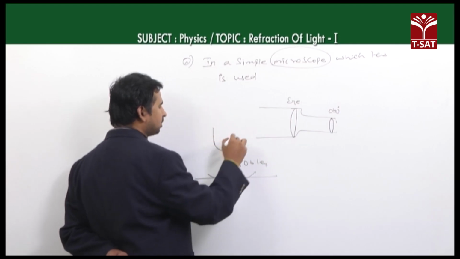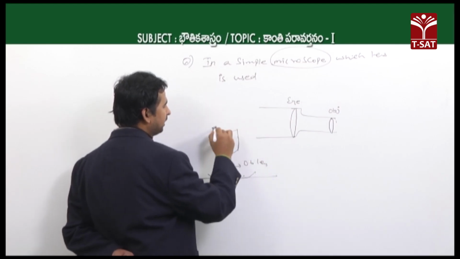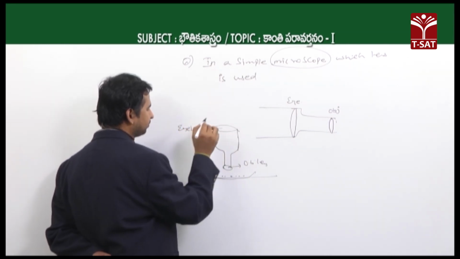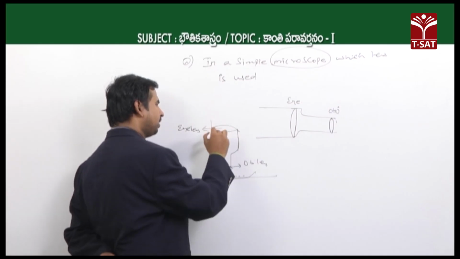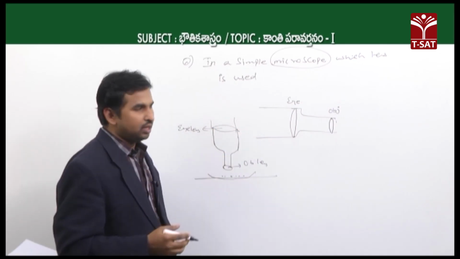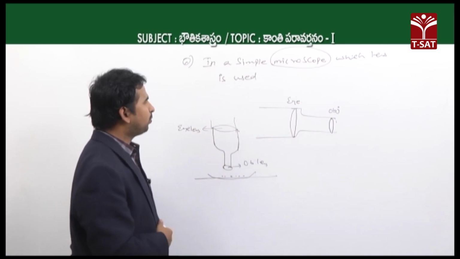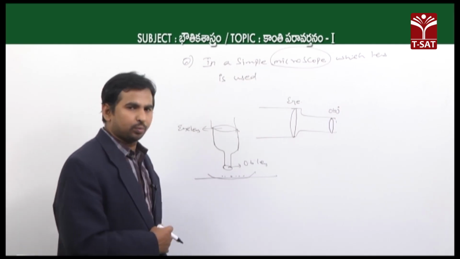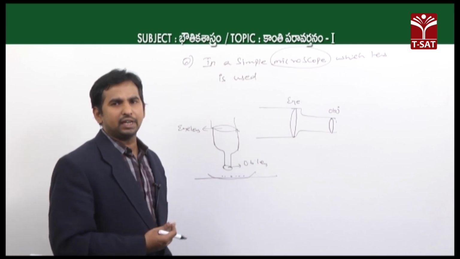The one on the side where we are observing we call the eyepiece or eye lens. In total, we use two lenses. Now in the given question, in this simple microscope, which lens is used? Here our purpose is to see a magnified image.